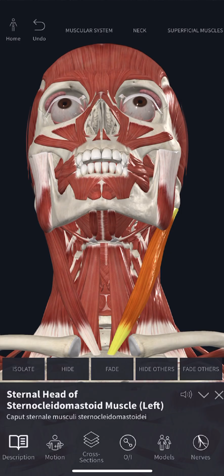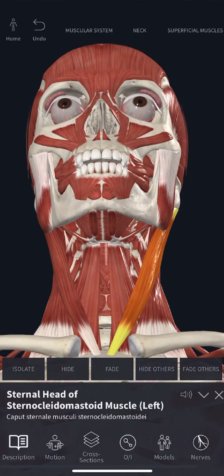After, we have the sternocleidomastoid. This is going to originate on the manubrium of the sternum as well as the clavicle. Its insertion is the mastoid process of the temporal bone, and its action is to both flex the neck and rotate the neck.